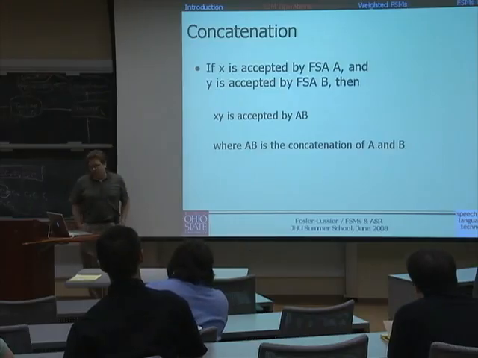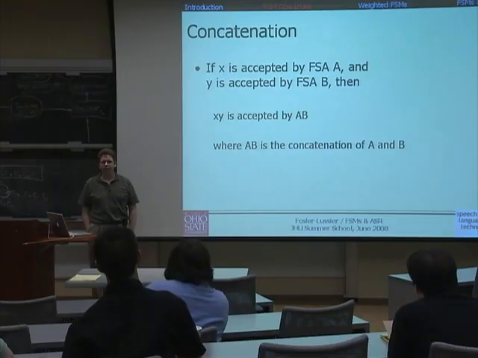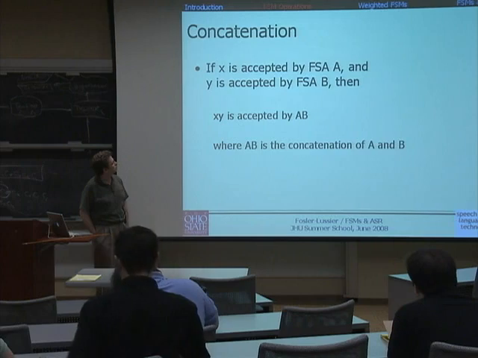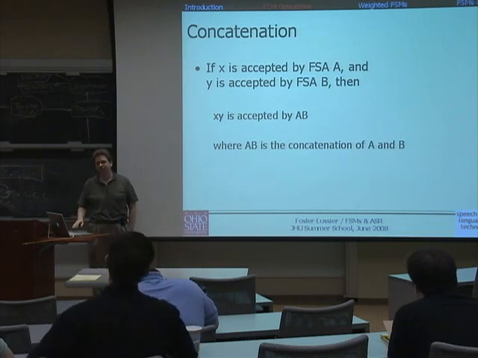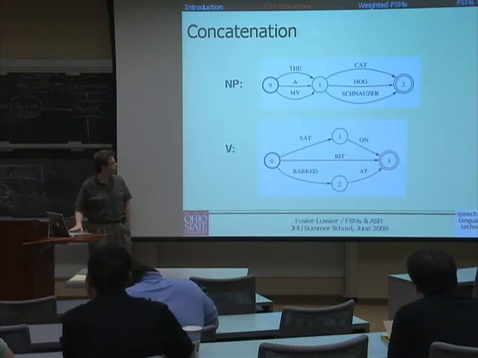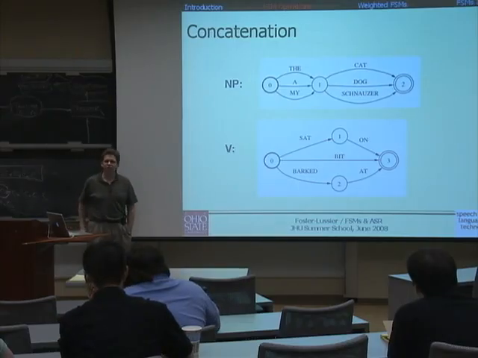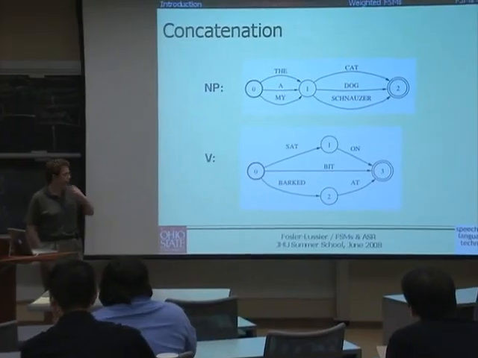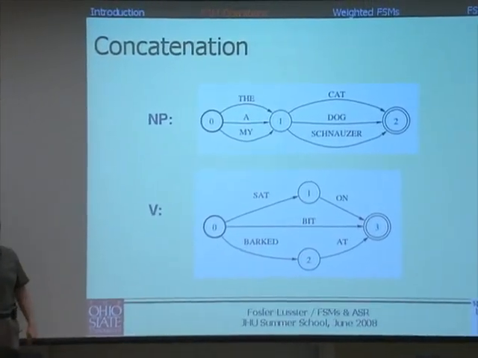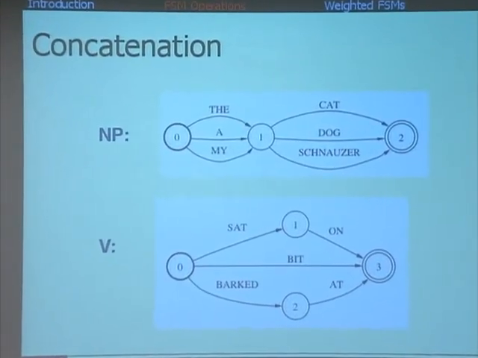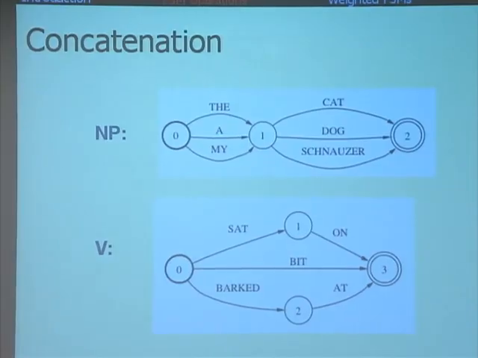Okay, so that was union. Concatenation basically is if you have x accepted by FSA A and y accepted by FSA B, then xy is accepted by AB. So now I have a little noun phrase acceptor and a little verb acceptor. I've got 9 different noun phrases and 3 different verbs.